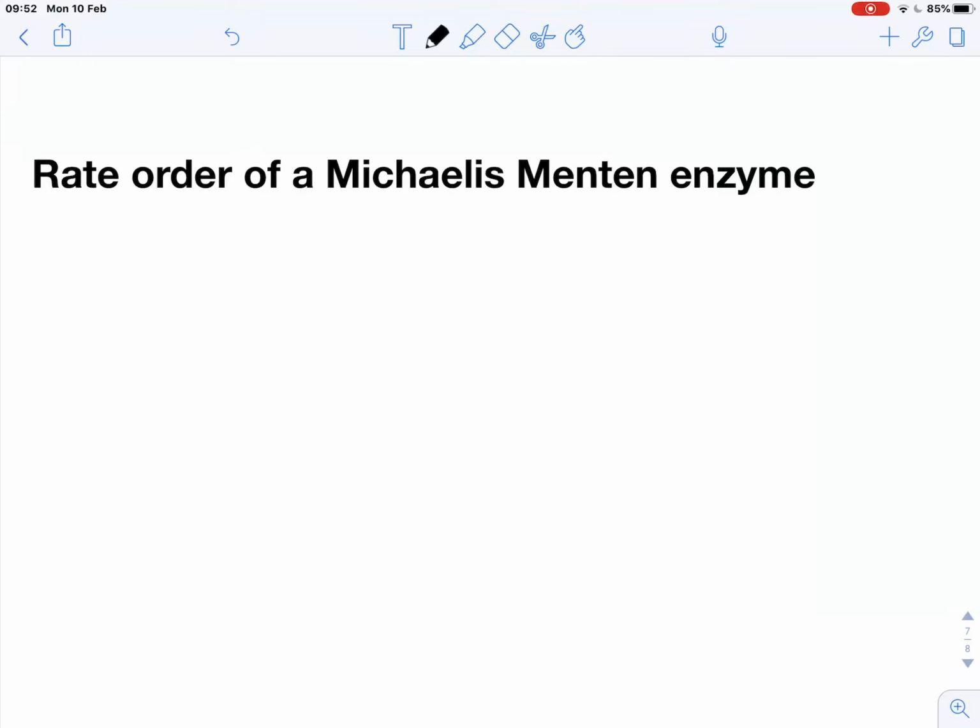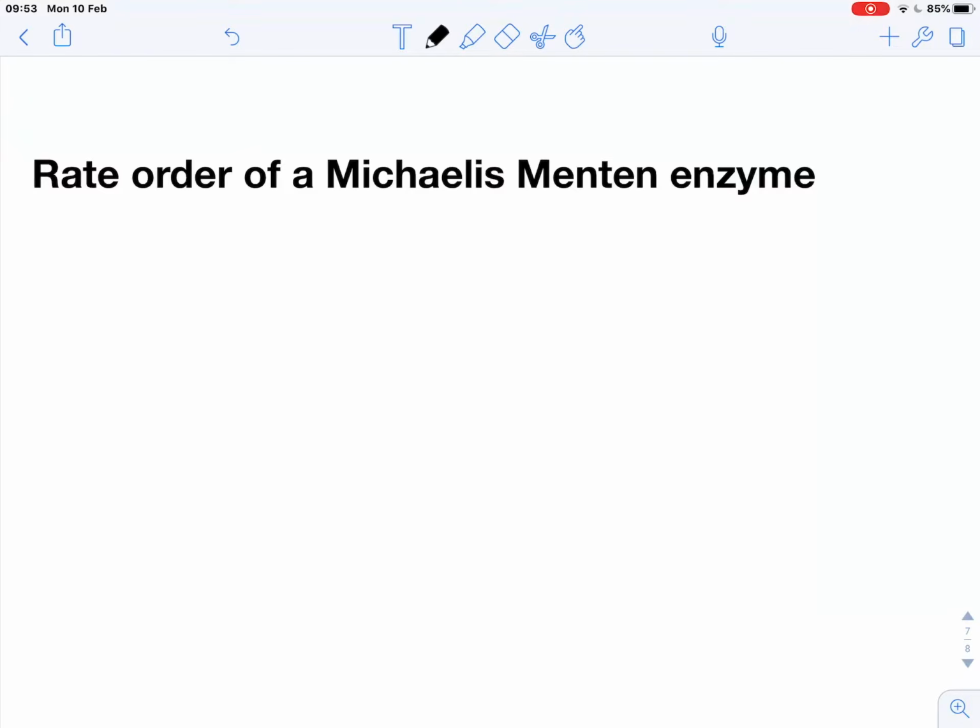And yet with the Michaelis Menten equation for an enzyme, we will see that our current concepts of rate orders, where everything is nice and tidy and everything is constant, this concept does not hold true for a Michaelis Menten enzyme.